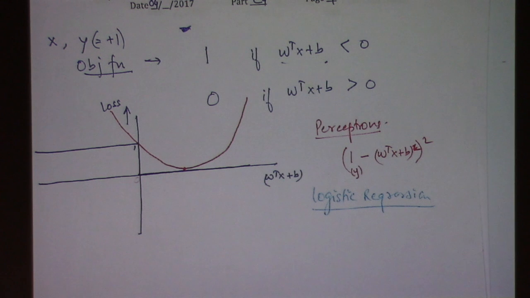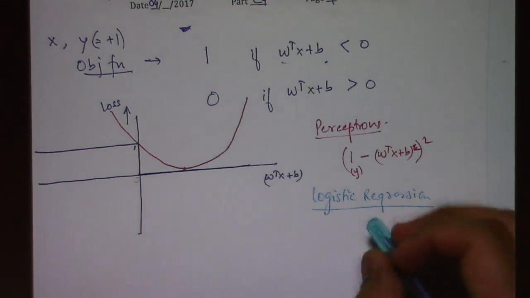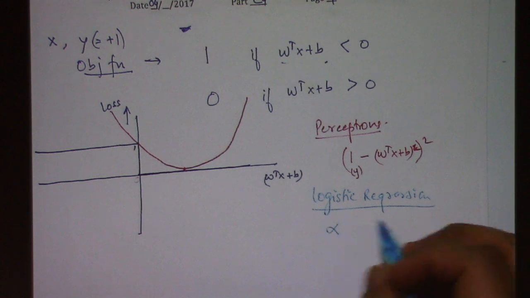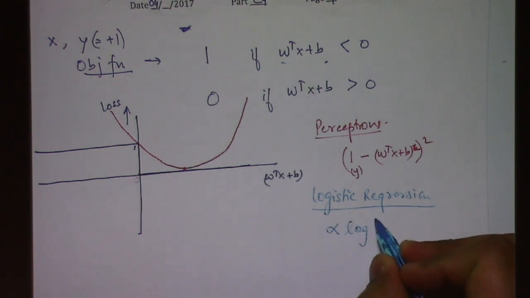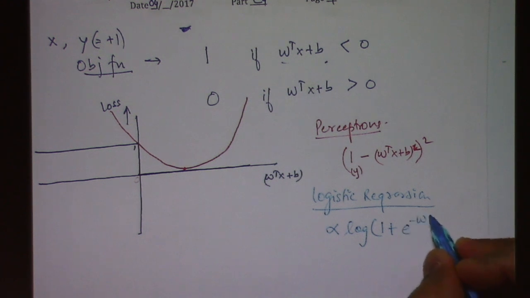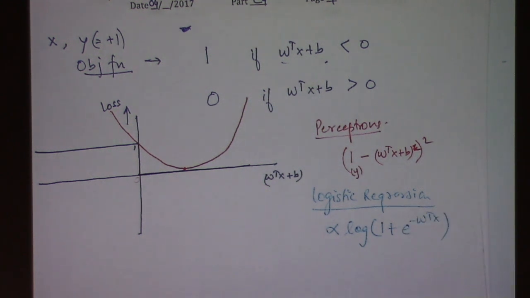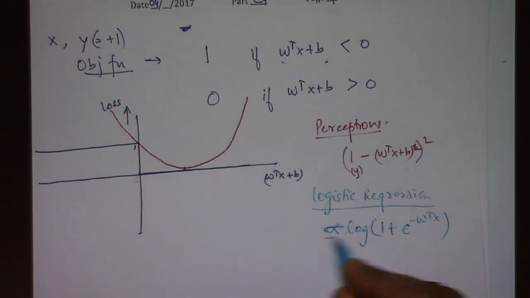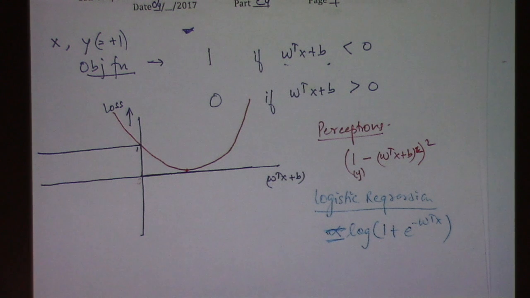But the point is that this loss function, as it is in our notes, is called logistic loss, and it is proportional to log of 1 plus e to the power minus W transpose X, right? So that is how the logistic loss looks. I think there's a half sign, or maybe you just write it as this, because everything else is a constant.